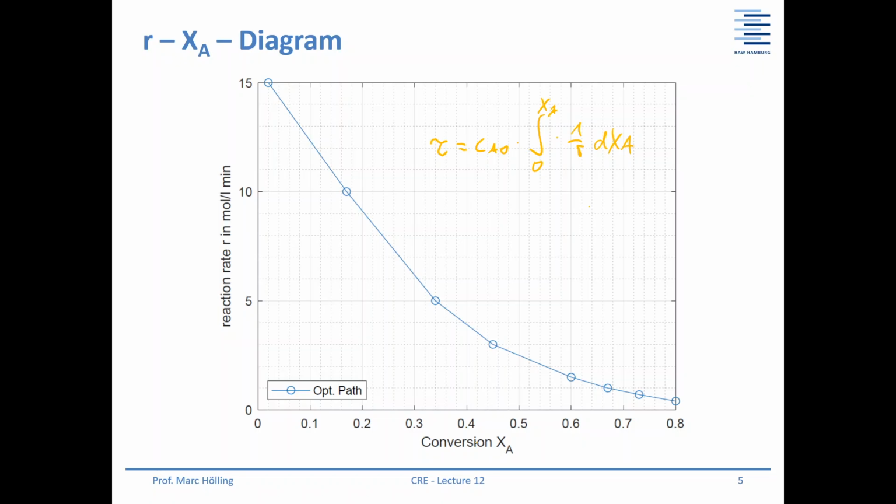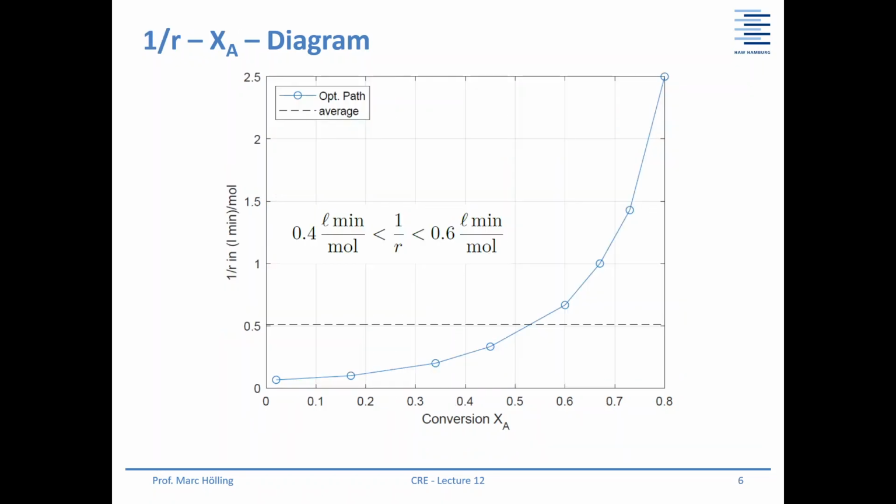The x-axis is fine, so we just need to transform this. It means we have to transform R to 1 over R. This means this 10 here becomes 0.1, and the 5 becomes 0.2, and so on.